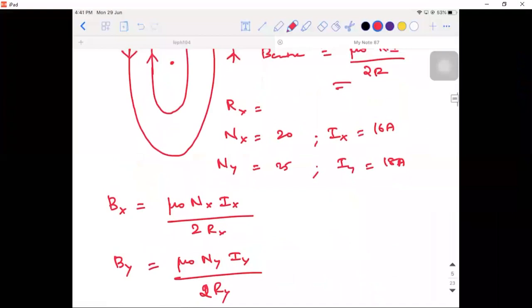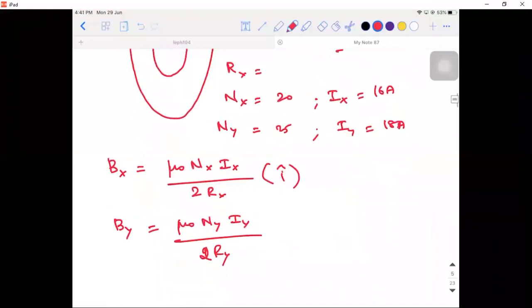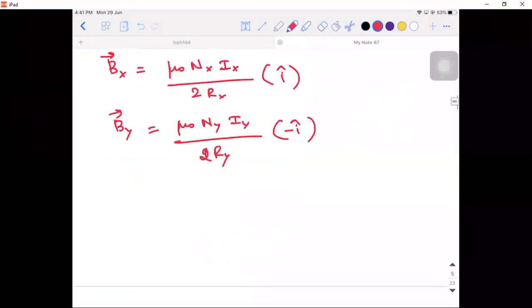To put it in simple terms, I'm going to write this as i cap and this as minus i cap. So what will be the net magnetic field? It will be Bx vector plus By vector.